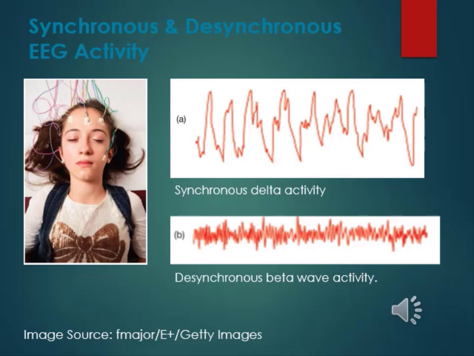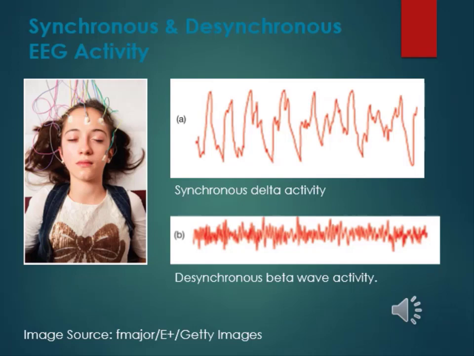In these two images you see labeled A and B, we have, in the case of A, synchronous delta activity, and in the case of B, desynchronous beta wave activity. In the case of A, if the cells, and by cells I mean neurons, are all active at the same time, their electrical messages are synchronized and appear as these large rhythmic EEG waves, synchronous delta activity.